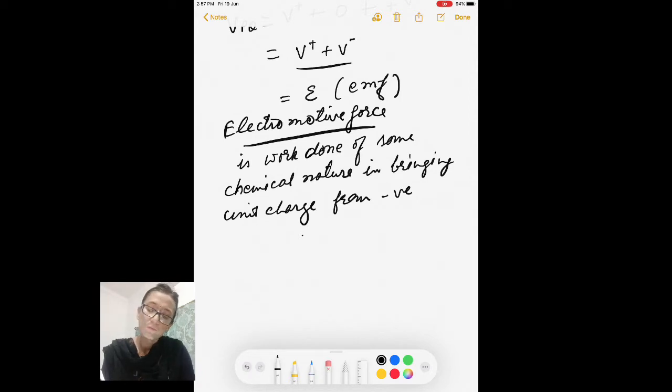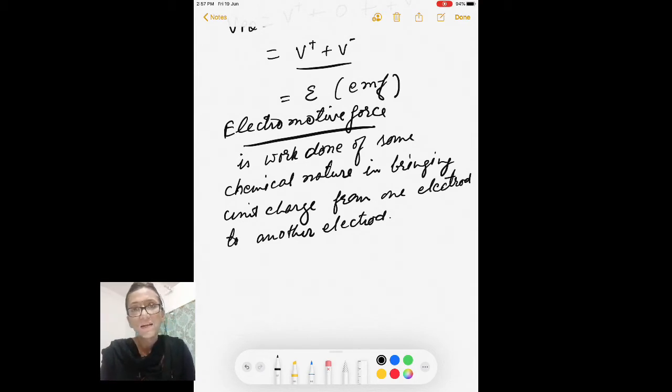From one electrode to another electrode.